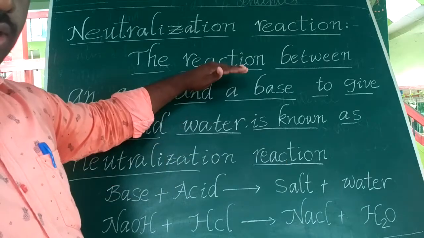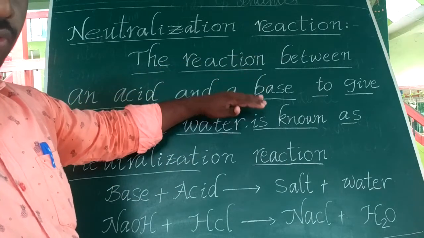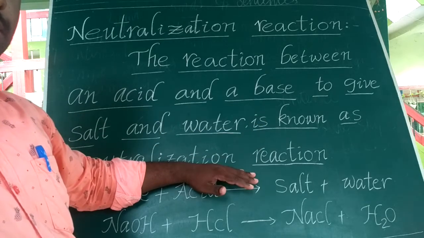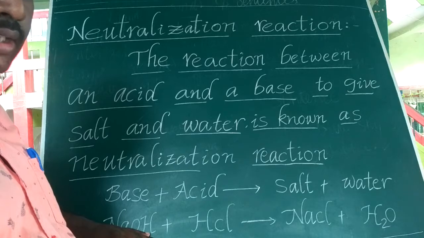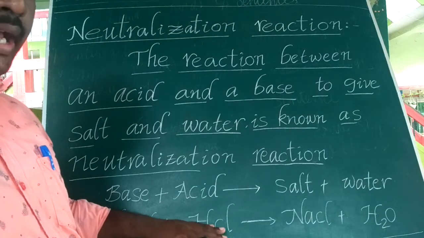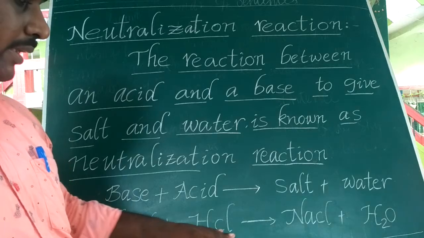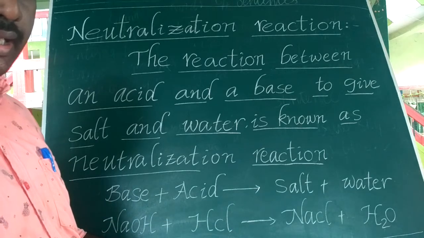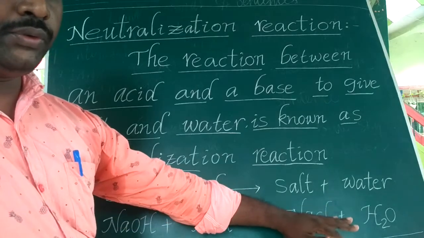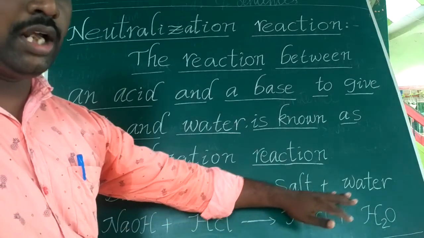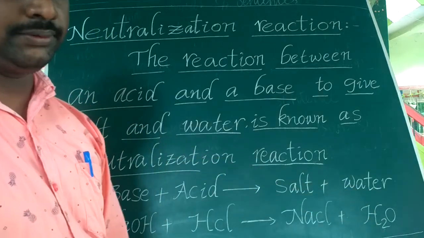So in this neutralization reaction, what are the substances that react together? Sodium hydroxide and hydrochloric acid. So these are called reactants. What are the new products formed? Salt and water. These are called products.